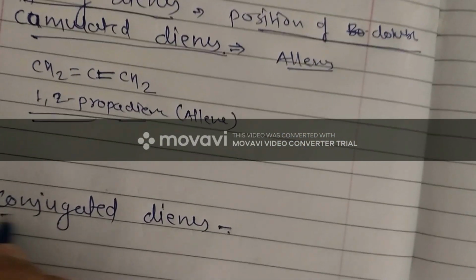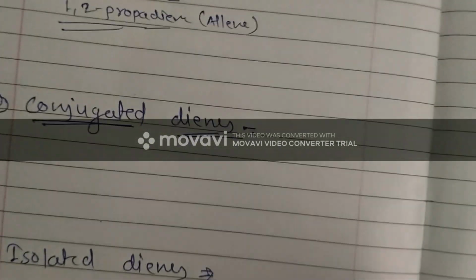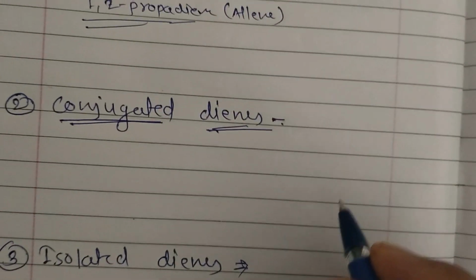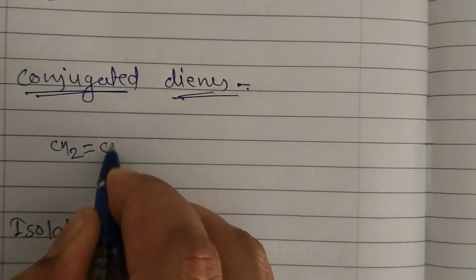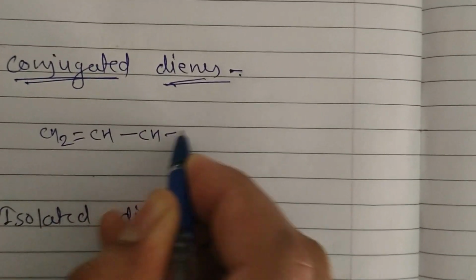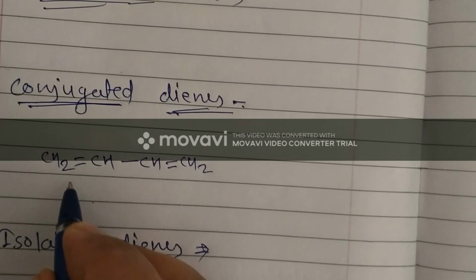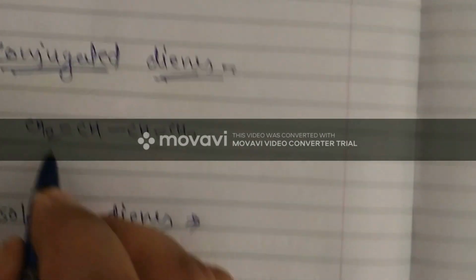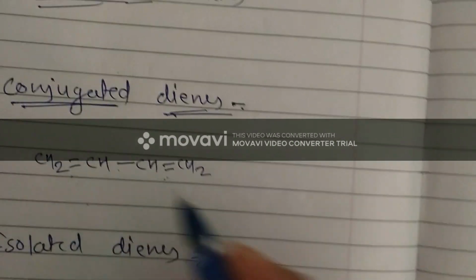Another type, conjugated dienes. Conjugated dienes means the dienes in which the two double bonds are separated by one single bond. An example is 1,3-butadiene, CH2=CH-CH=CH2. Here the two double bonds are separated by one single bond.